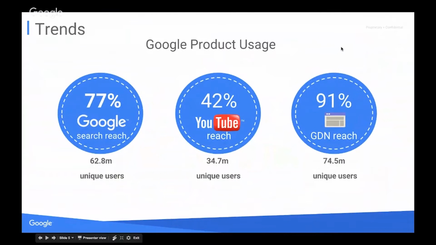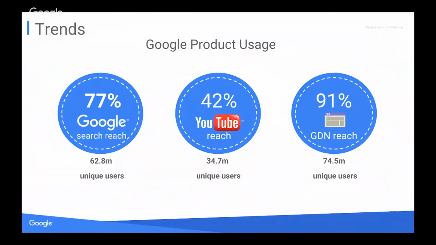Now let's look at Google's product usage. 77% of Google search accounts for 62.8 million unique users. 42% of YouTube's reach accounts for about 34.7 million unique users. And the Google Display Network, which is a collection of partner websites and apps with Google, accounts for about 91% of the internet reach.